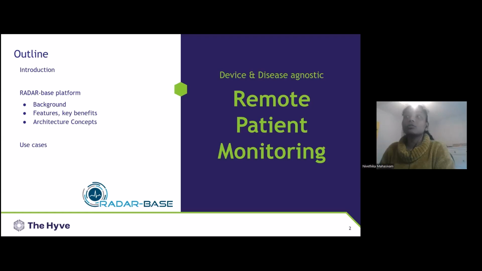I will go into some of the background, what motivated us to build this platform, some of the key features, and some high-level architecture concepts to give you some insights on what kind of technologies are used to build the platform. And then I will go through a few of the use cases where the platform has been used.